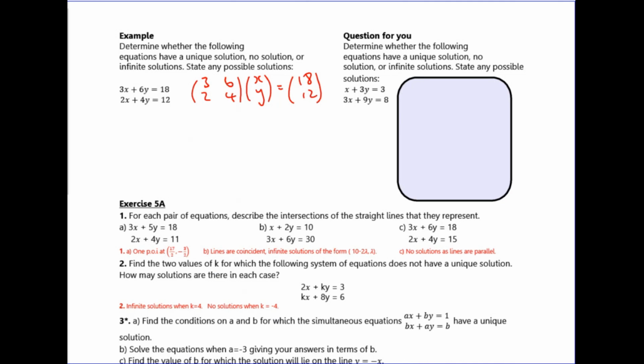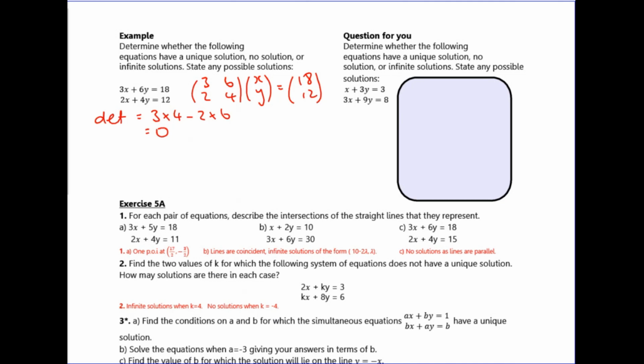First thing to do is to calculate the determinant of this matrix. So the determinant of this matrix is 3 times 4 minus 3 times 6, which shockingly you get 0, which means that either there are no solutions or there are infinitely many solutions. And to work out which is which, we have a look at these.